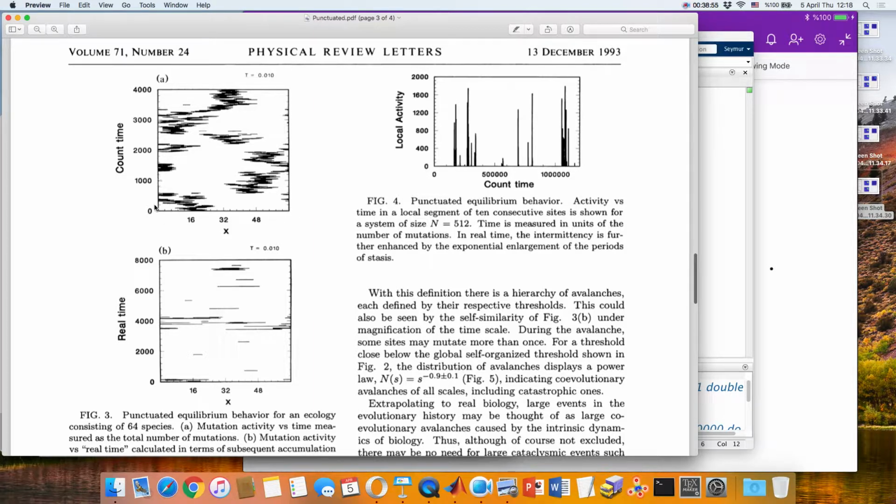And this is the time. So this means that we change some species over here, then some over here. And this is the same plot as this one, the same data, but instead of using count time, they use real time in a sense that if the mutation is huge, then it would take exponentially more time than compared to lower mutation.